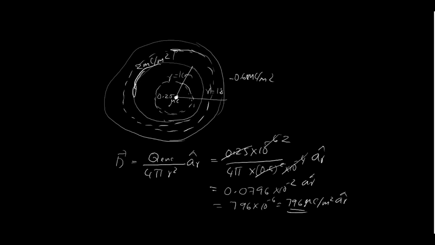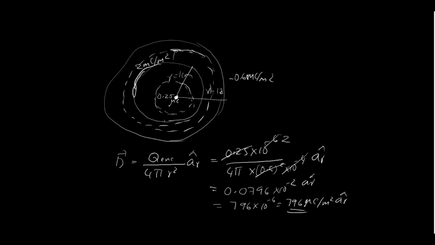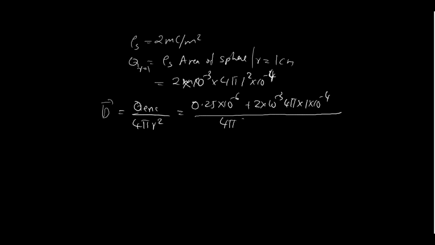We are evaluating at this point where r equal to 1.5 centimeter. So that will be into 1.5 square into 10 raised to minus 4. For simplification, I can take 10 raised to minus 6 outside.